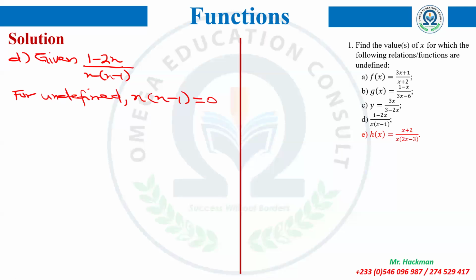Yes. So we should all be able to get here. We know that the principle is that for a rational function, a rational expression, to be undefined, the denominator expression should be equal to 0. That's all that you need to know here. Okay, so at this point, we are working with an equation.